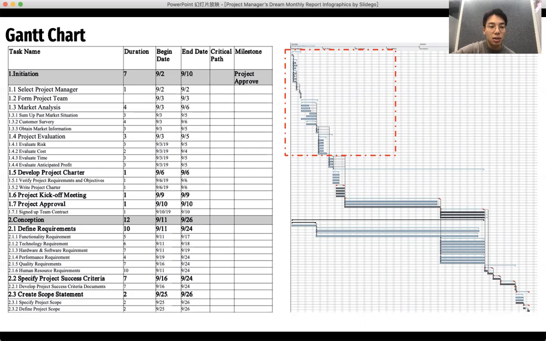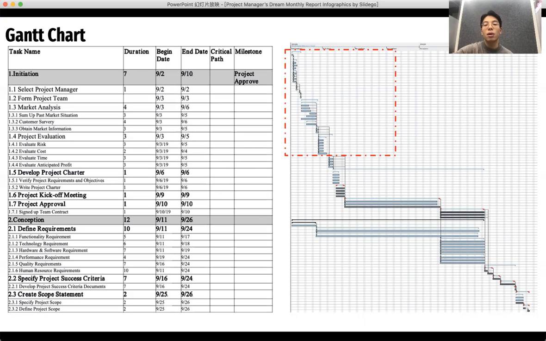And the Gantt chart is divided into 7 parts. The first part is initiation. The initiation includes the group forming, the risk identification, project proposal and approval. And the second part is the conception.